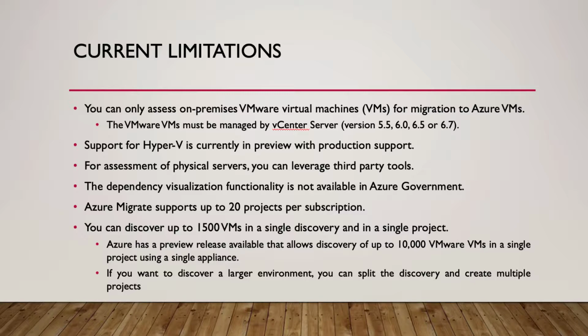Again, if you have more than 1500 VMs, in that case you can break those down into multiple projects and discover them in different projects. Considering that there are only 20 projects available per subscription, if you only have one subscription, that means you can have 20 times 1500 VMs in the process of discovery.